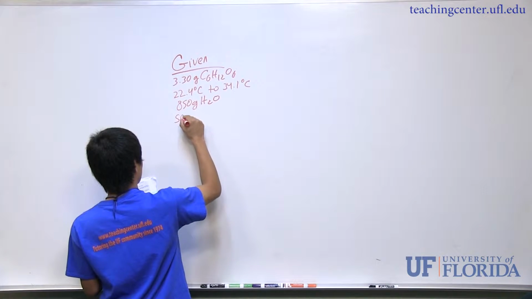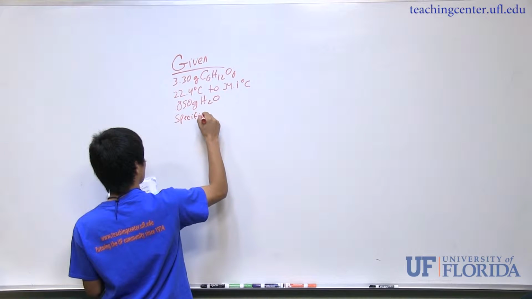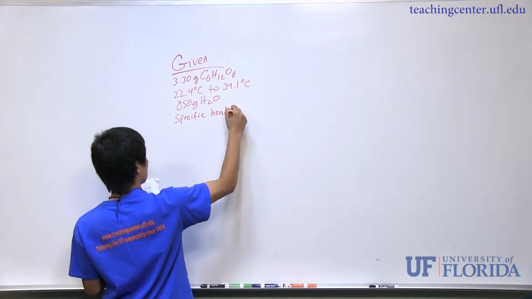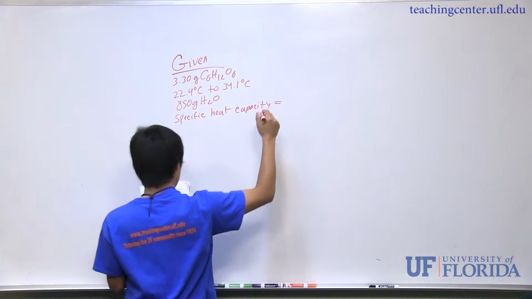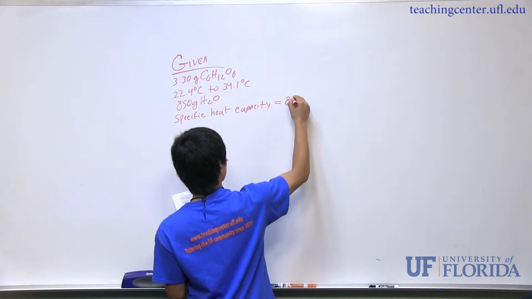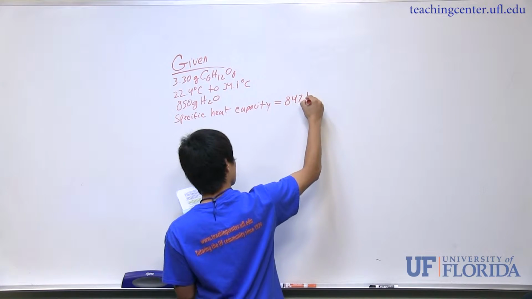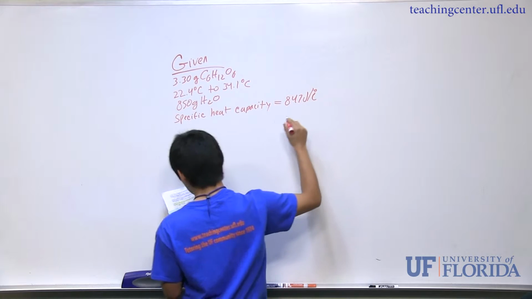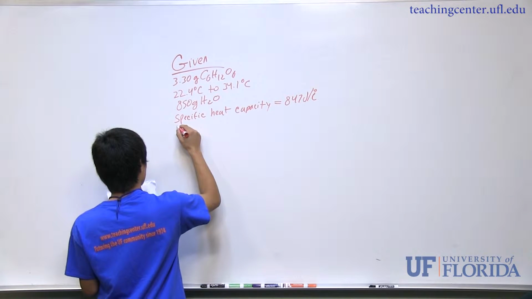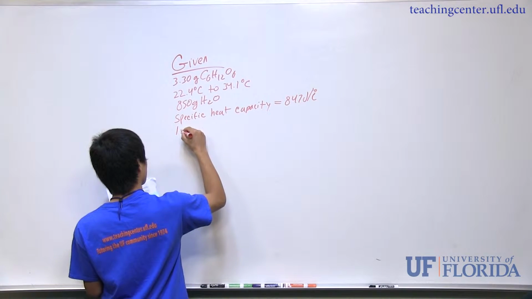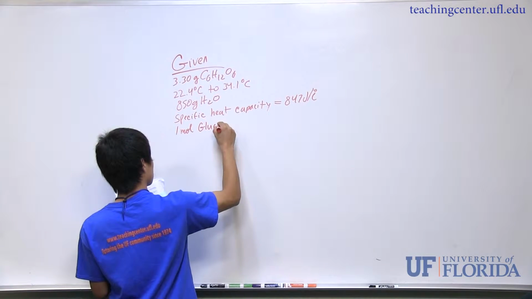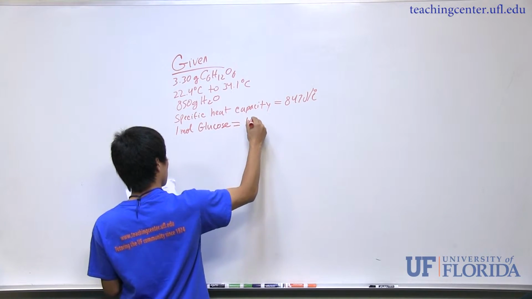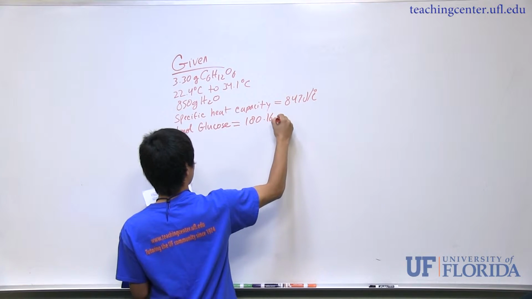I know that the specific heat capacity equals 847 joules per degree Celsius. I also know that 1 mole of glucose equals 180.16 grams.